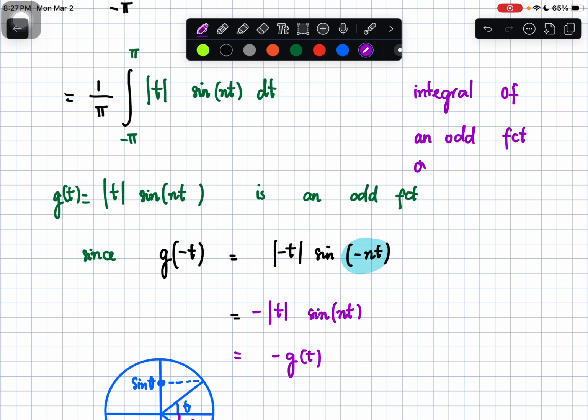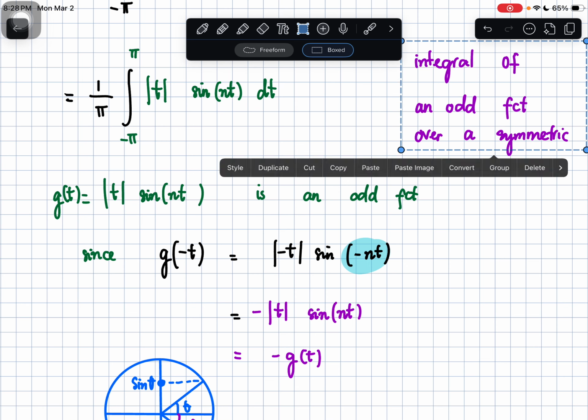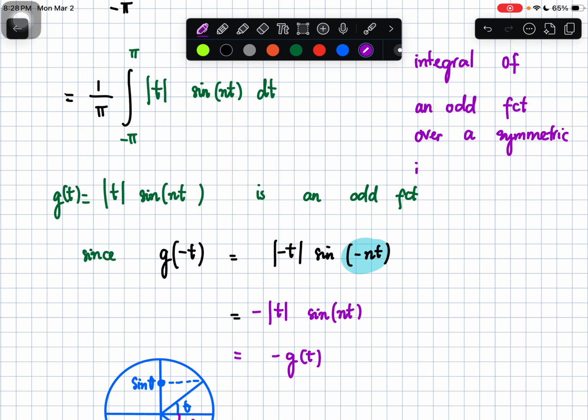Over a symmetric interval, we are talking about minus pi to pi. This one will give us 0.